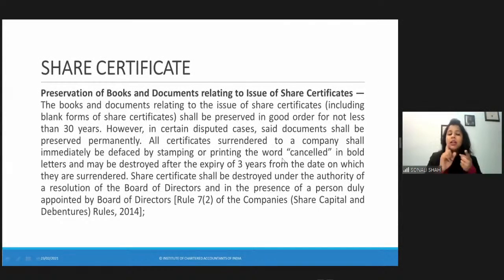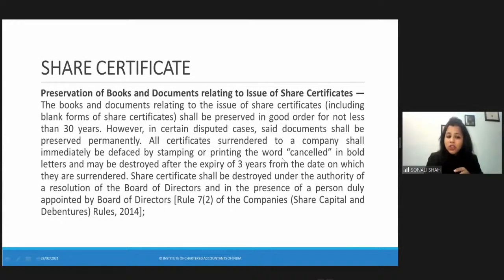So 2 points: the documents relating to shares have to be preserved for a period of at least 30 years, but in disputed cases, they can be preserved permanently. Third point, the certificates which are surrendered to the company will be immediately defaced by putting a stamp of cancel, and they will be destroyed after a period of 3 years from the date on which they are surrendered.